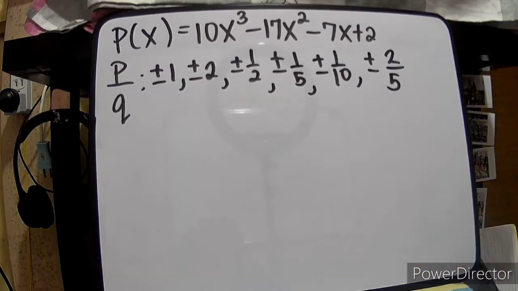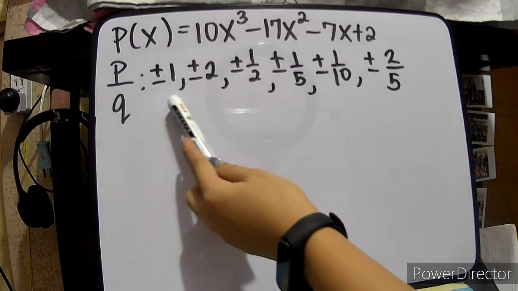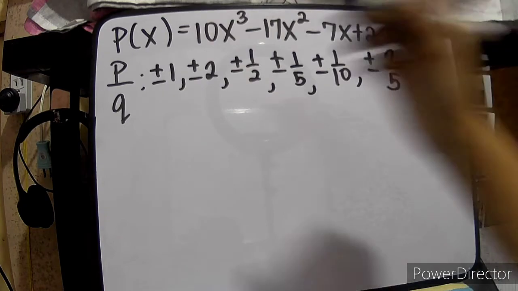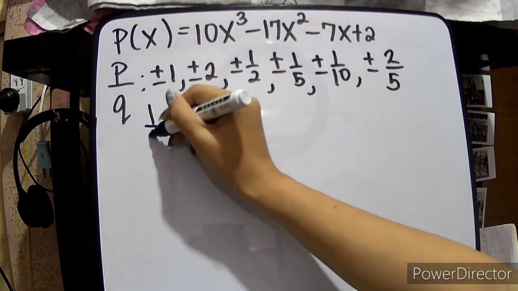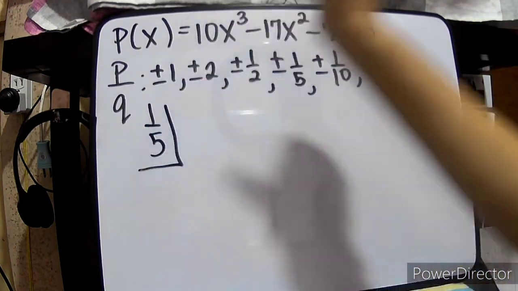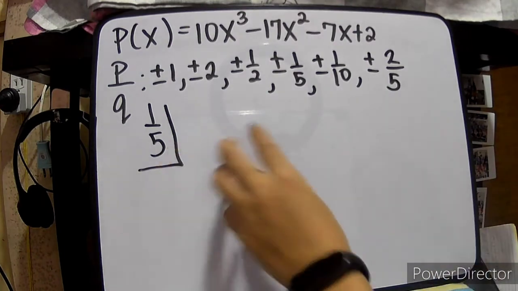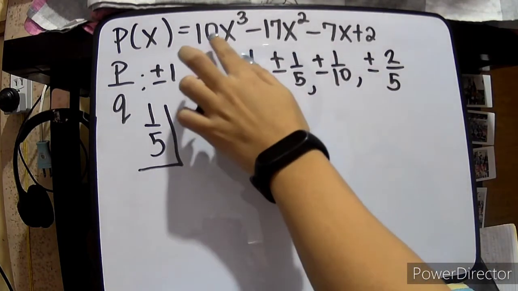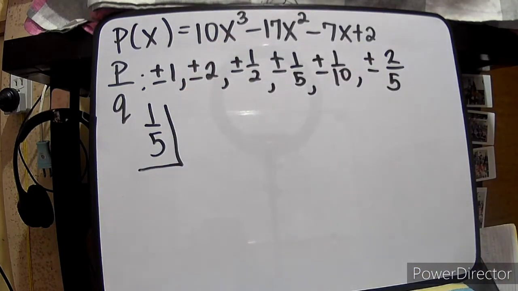Okay, so, let me use positive 1/5 as my divisor. Actually, ang technique ko dyan, maghahanap ako, lahat dyan, ano dyan yung pwedeng ma-divide sa 10. Pero, I will just be showing you 1/5.